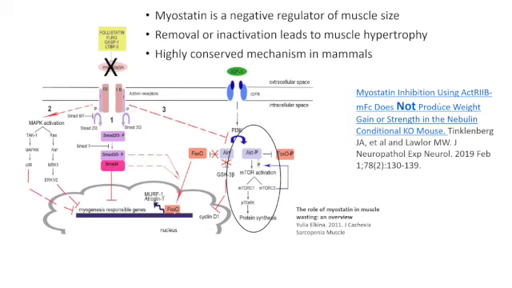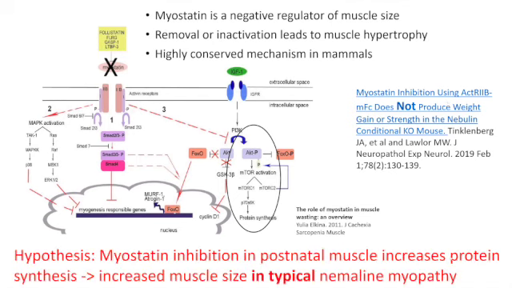It has fallen off a cliff, and it is impossible to recover from this state. So we asked the question, I hope you can see this at the bottom. We hypothesized that myostatin inhibition in muscle increases protein synthesis and increases muscle size and strength in typical Nemaline myopathy.